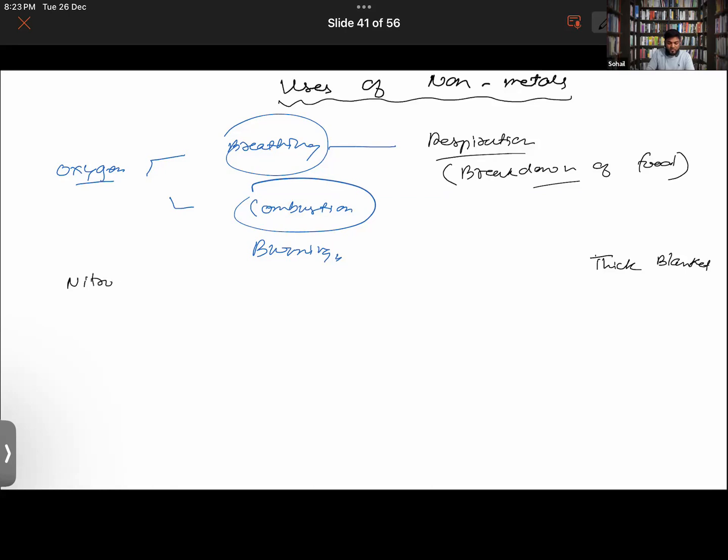Then we have got nitrogen. So nitrogen is used where? It is very important for plants, for making fertilizers it is used. ठीक है ना? Remember the NPK fertilizers, nitrogen, phosphorus, and potassium fertilizers. Getting it now?